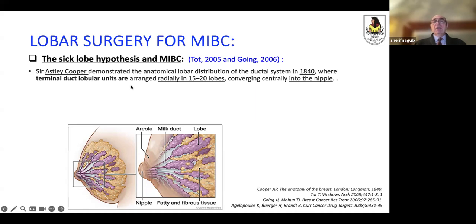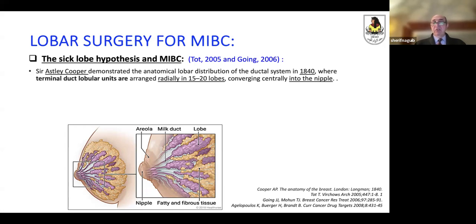Now, we know that very long ago, in the year 1840, Sir Astley Cooper presented the anatomy of the breast as being formed of duct globular units that were radially situated in the breast and that opened in 15 to 20 openings of major ducts on the nipple. So these lobar units that amount to 15 to 20 lobes are the base of the anatomy of the breast.